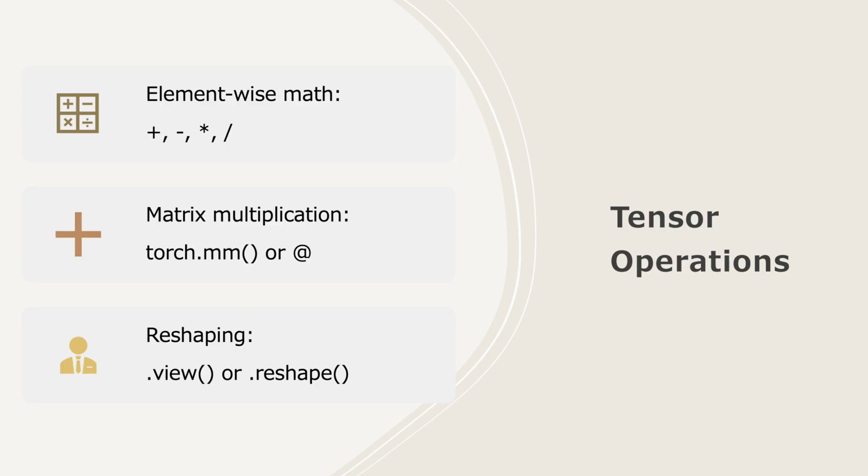Finally, there is reshaping, which changes how the data is organized without changing its values. You can do this with .view or .reshape. Reshaping is crucial when preparing inputs or connecting layers that expect specific tensor shapes. Together, these operations allow you to transform and combine data flexibly in any PyTorch workflow.